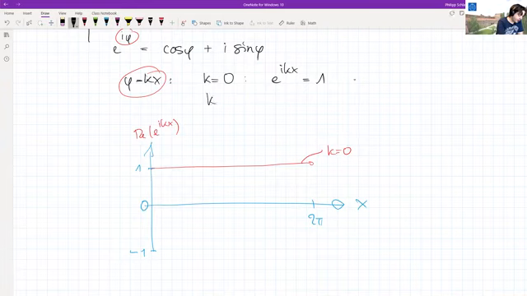Now, if I go to k being 1, so that would now be a wave number of 1, then the complex exponential would become e to the i x, and with the help of the Euler formula, this would be cosine of x plus i sine of x.